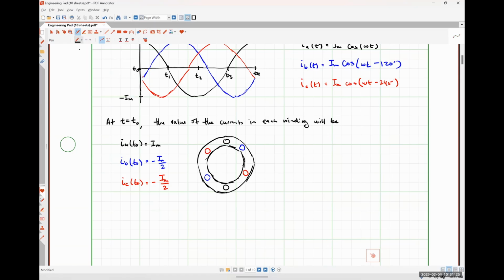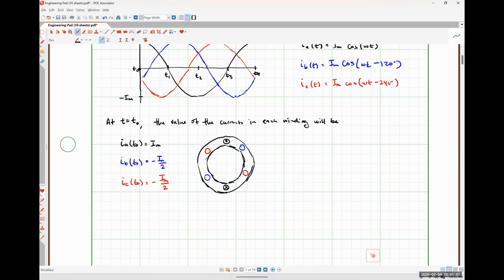So I'm going to start with my current in my A phase is positive right now. So I'm going to draw that representation as current flowing out of my A part and current flowing in to my A prime part.